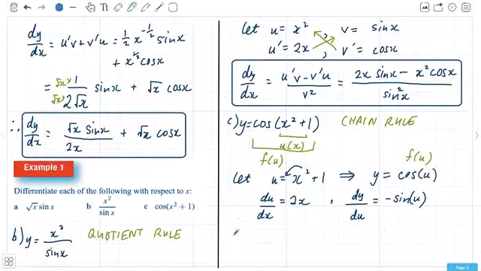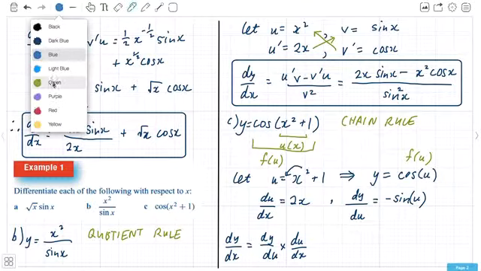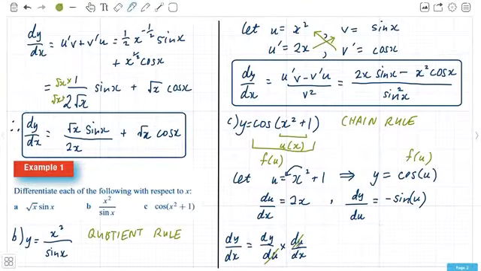Okay. To finish off, we want dy/dx. Now the chain rule tells us to do dy/du times du/dx. The cool thing about that is that the du's effectively cancel to give you the dy/dx that you want. So now all we have to do is substitute the things we know.